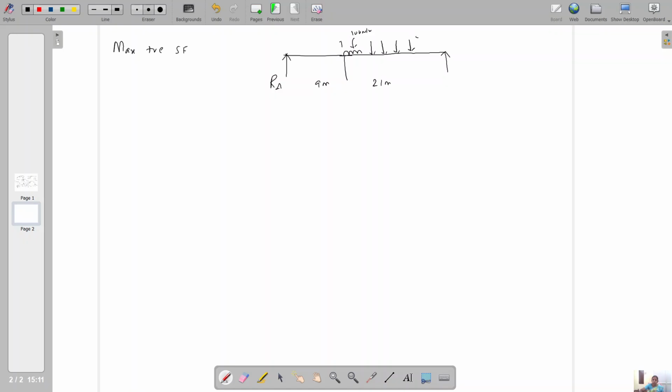Actually, this is W1 50 kilonewton and the next 100 kilonewton, 150 kilonewton and 100 kilonewton. So in this case also, this is W1, W2. We should not change the order every time. The first load is always 50 kilonewton. The last load is the UDL.